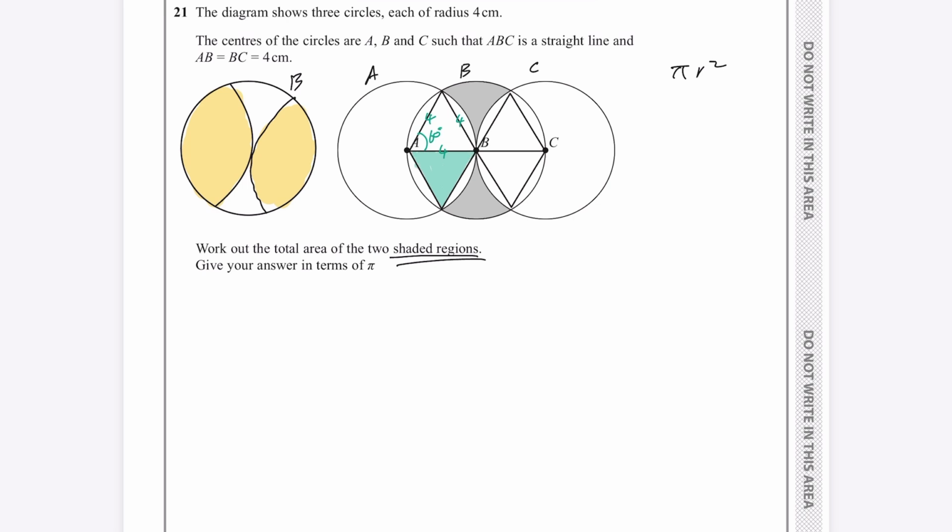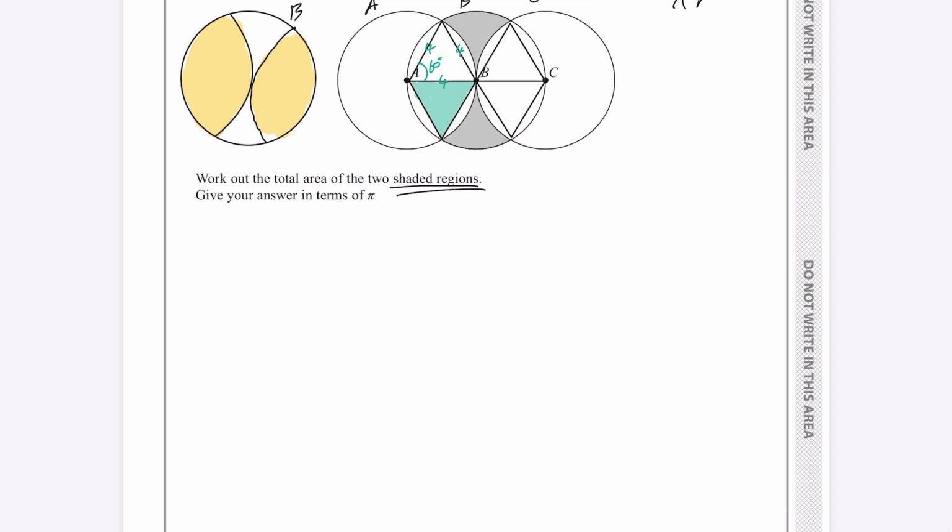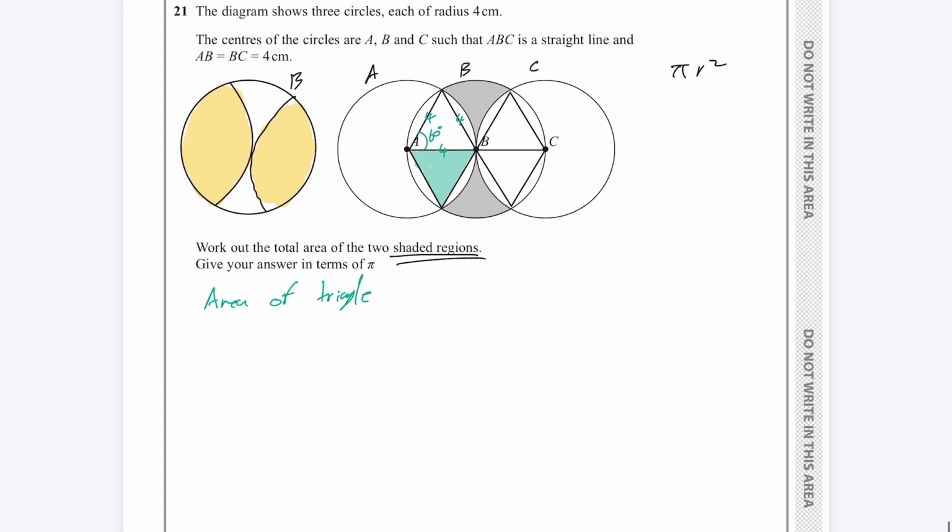I'm going to use the same color as well. So the area of the triangle, actually I'll keep this down here so you can see the question as well. It's going to be a half ab sine C. So it's worth bearing in mind here that you will need to know the value of sine 60, which is root 3 over 2. So that's going to be a half a times b.